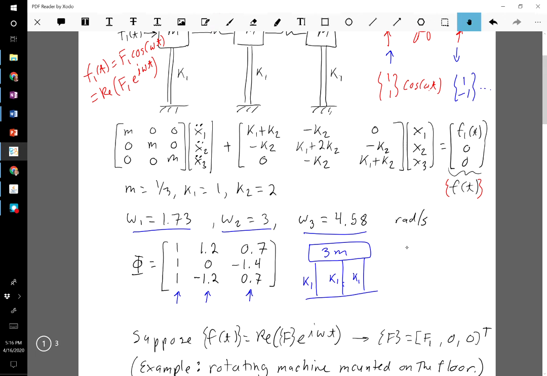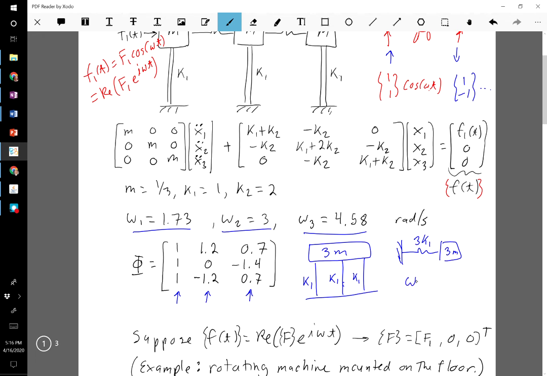So in other words, that's just a 1 degree of freedom system with 3 springs in parallel, so a stiffness of 3k and a mass of 3m.